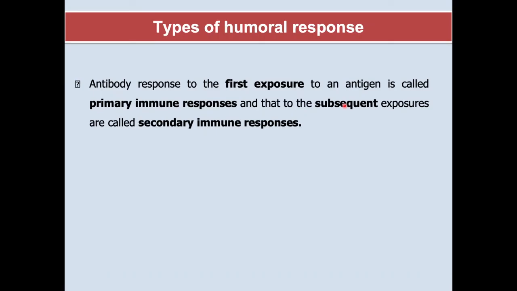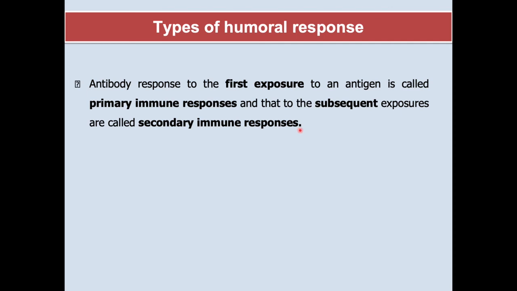Okay, let's continue to the types of humoral response. The antibody response to the first exposure to an antigen is called the primary immune response. Primary means the first exposure, and subsequent exposures are called secondary immune responses.